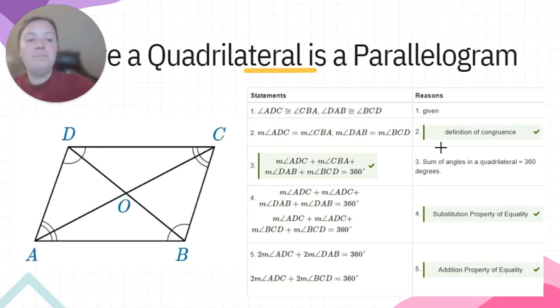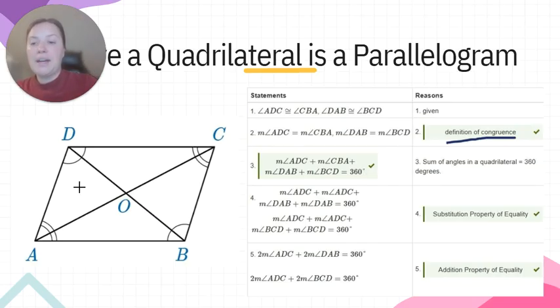Now, based off of the definition of congruence, if these two angles are congruent, that means that they are also equal in measure. So if this one is 105, this one is going to be 105. Now, moving on to applying information that we just talked about.